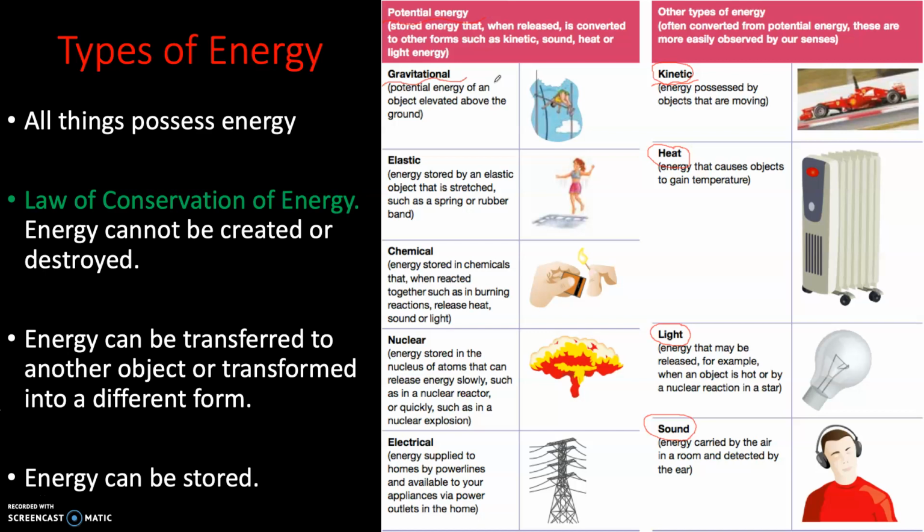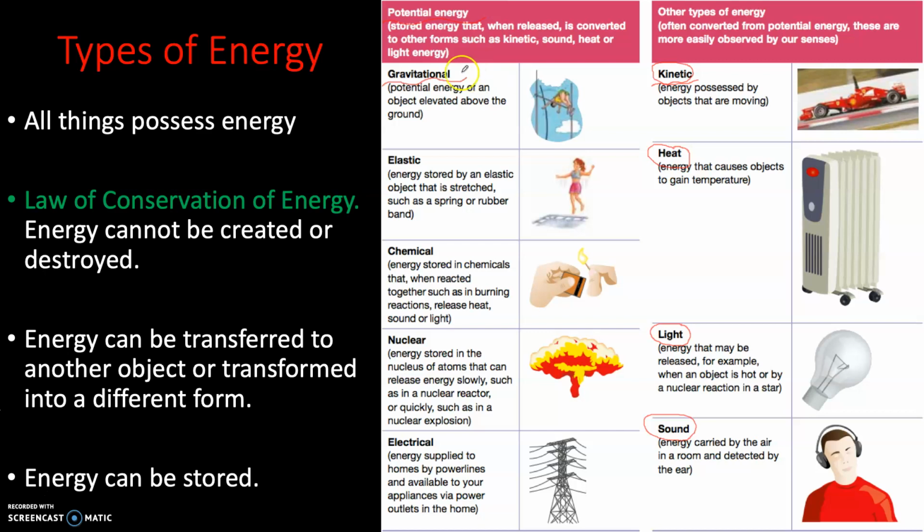When you lift that object off the table, you give that object gravitational potential energy because you've lifted it off the ground. And if you let go of that object, gravity will pull it back down towards the Earth's core. So anything that you lift up off a surface, you are giving gravitational potential energy. Gravity wants to push it down back towards the Earth's core.